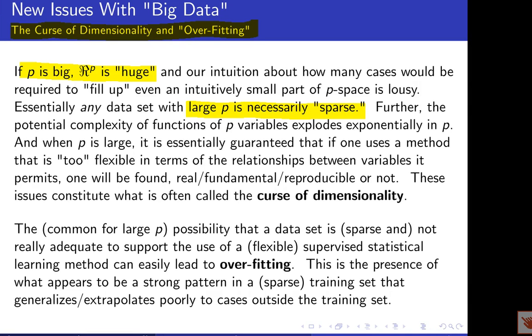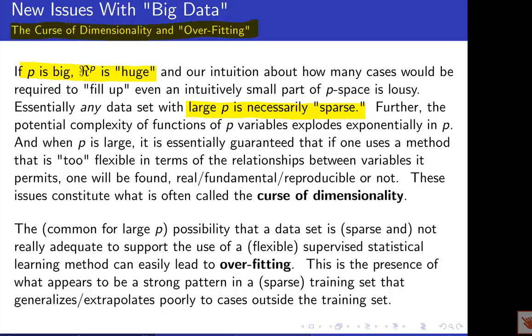One doesn't have very much data, even if one has 500,000 cases, if p is 100. Further, the potential complexity of functions of p variables, that is, how a response could vary as a function of p different inputs, just explodes with p.